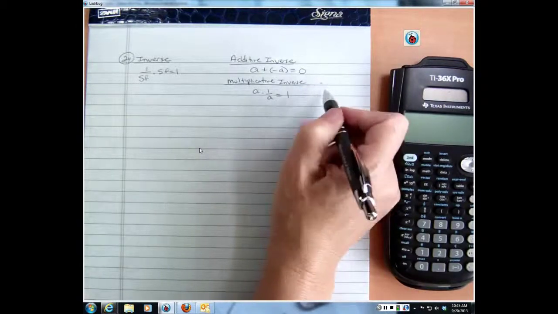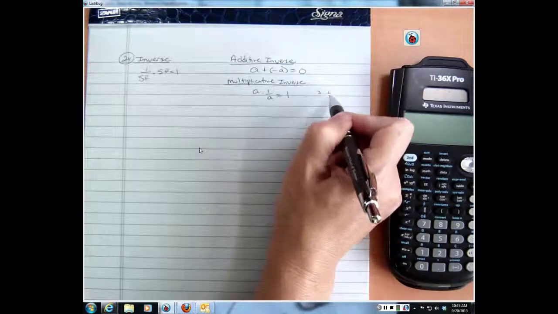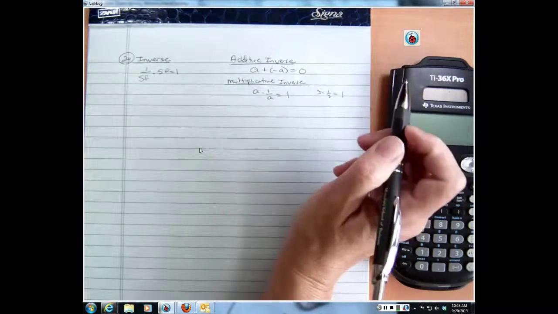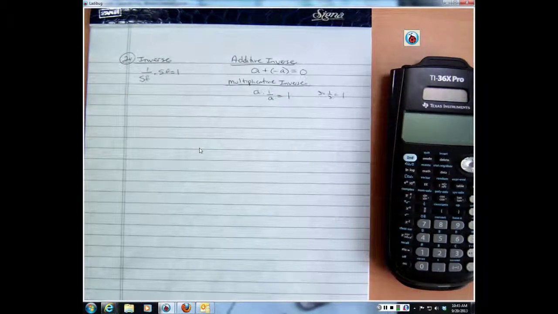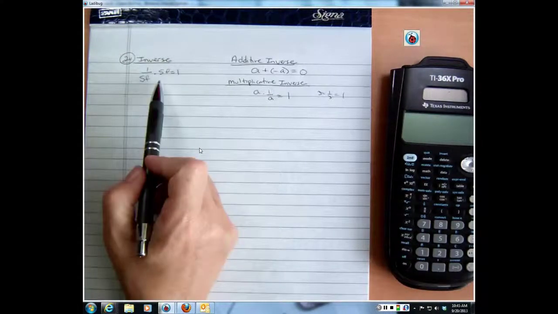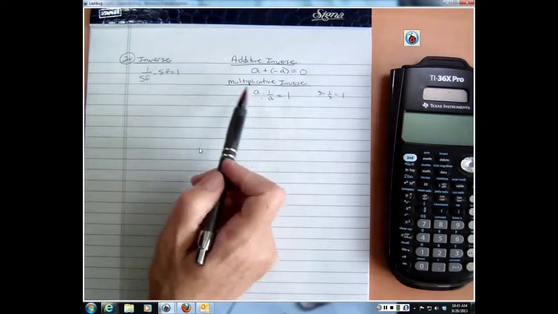Obviously, right? If you take 3 and multiply by 1/3, you get 1. So the additive inverse says if you add opposites, you get 0. They're two different ideas, but they're both called inverse properties.